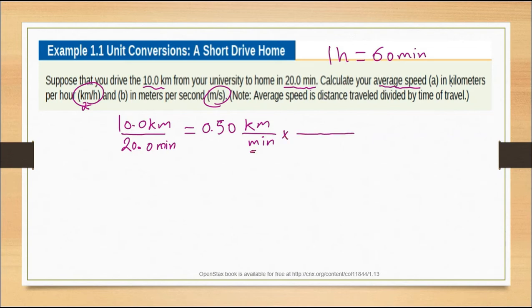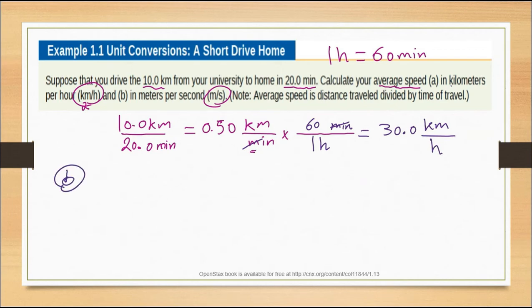Here we want to get rid of minutes, so we write minutes up here so we can cancel them. 60 minutes is equal to 1 hour. Basically, we multiply this by another fraction which is equal to 1. 60 minutes over 1 hour is equal to 1. So the answer is 0.5 times 60 is 30, and 1 times 1 is 1, 30 kilometers per hour.